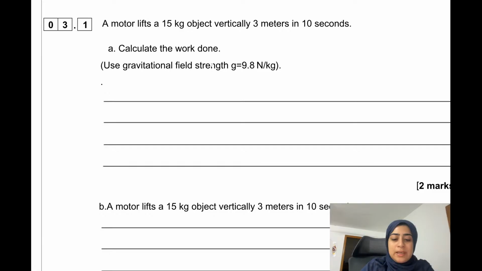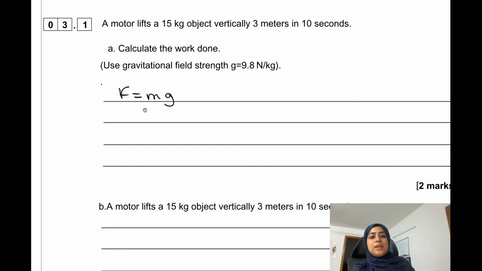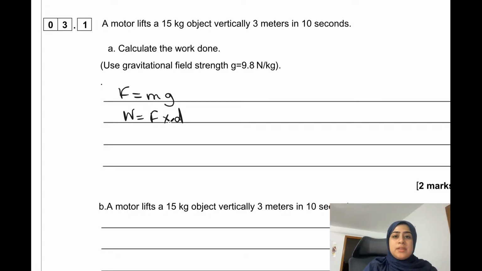Firstly, we would use F equals mg to work out the force. Then we know that work done is force times distance. So two formulas are being used here. First, you need force, so you need to do F equals mg. And secondly, you need to work out the work done, which is the force times the distance.